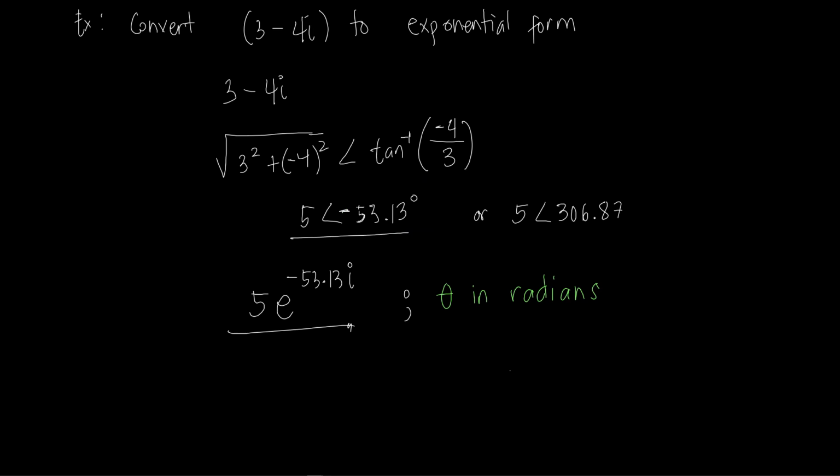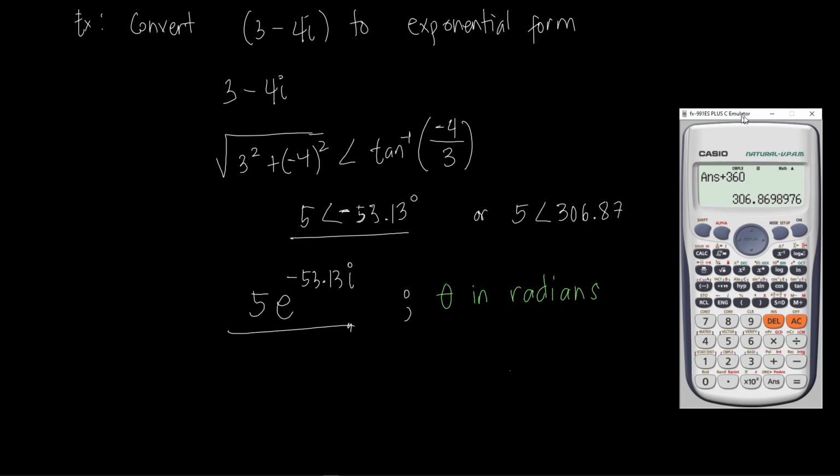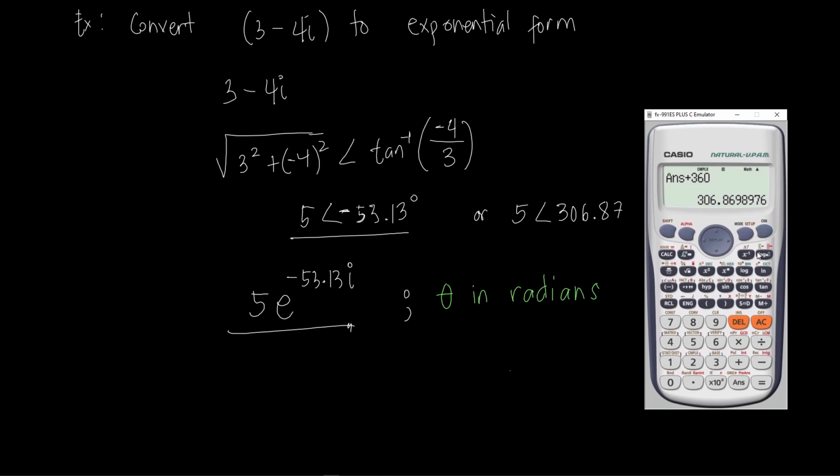So how do we convert from degrees to radians? The angle is negative 53.13. To convert it into radians, multiply by pi over 180.